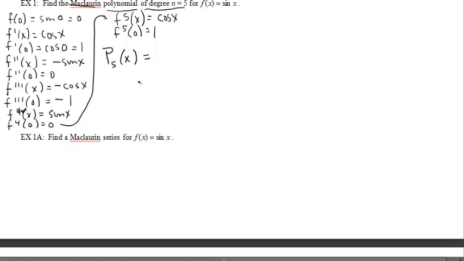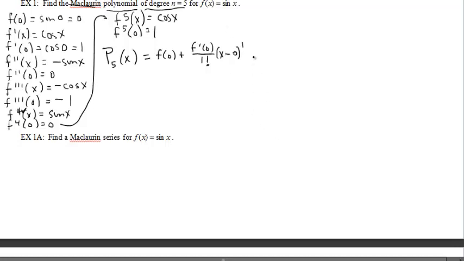Looking back up there at the structure, what we need is the functional value at 0 plus f prime at 0 divided by 1 factorial times x minus 0 to the first power.